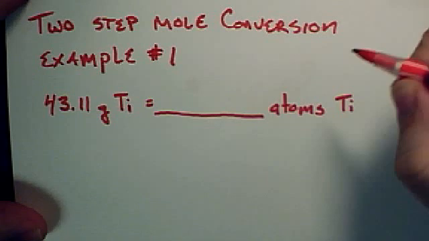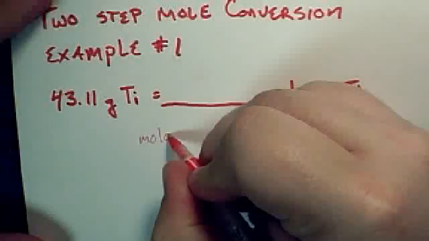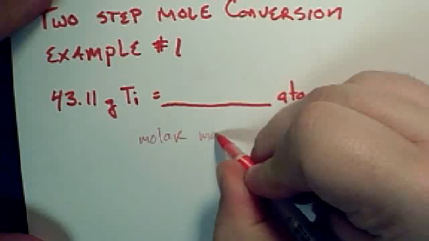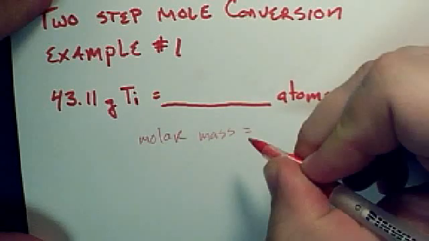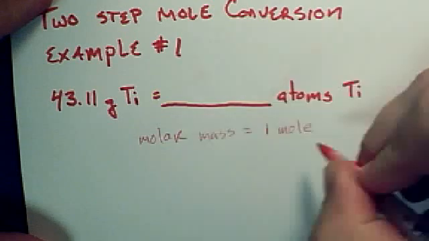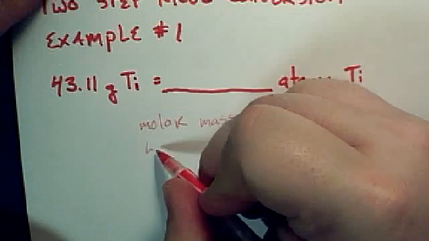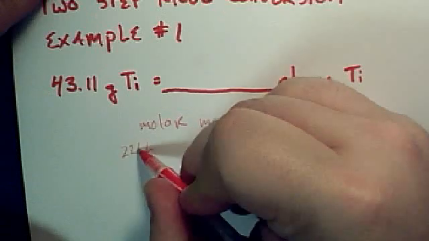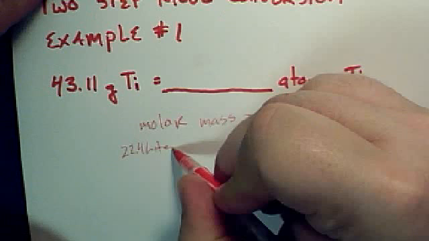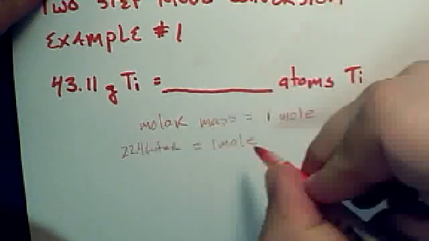I have one that goes from grams, so the molar mass is equal to 1 mole, so I can go from grams to moles. I have one that goes from 22.4 liters is equal to 1 mole, so I can go from liters to moles.